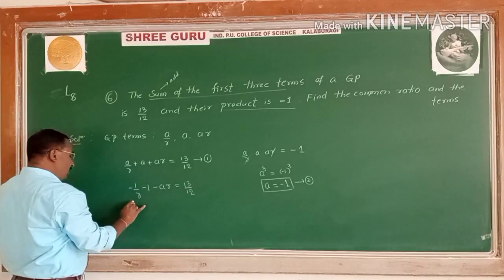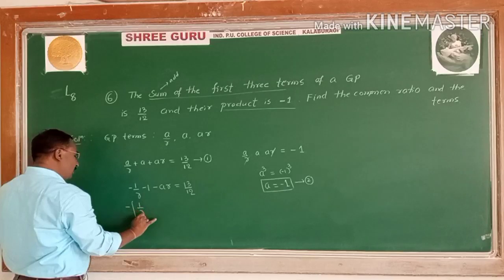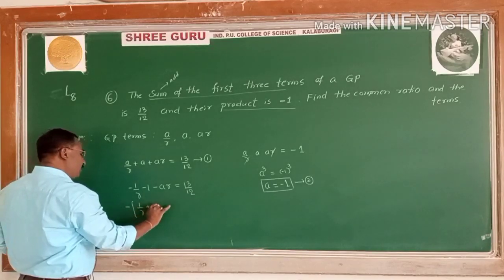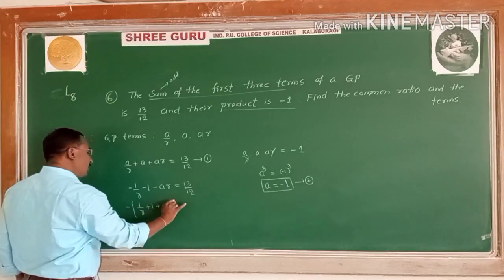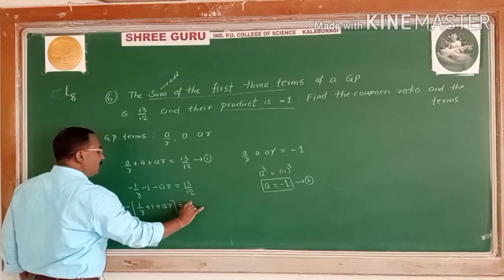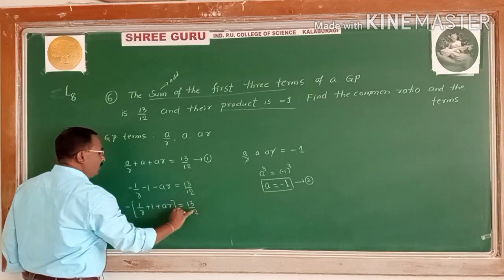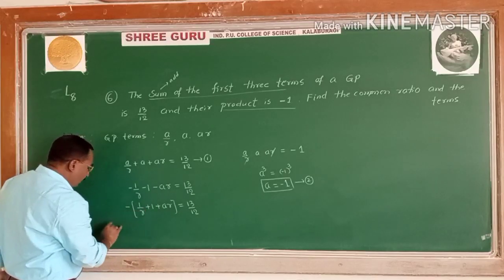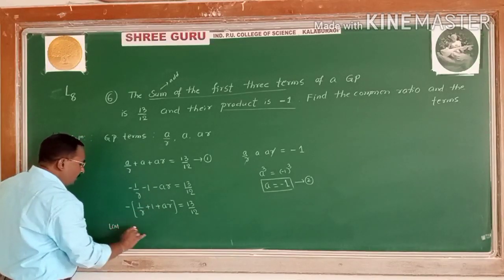If minus taking common, that is 1 by R plus 1 plus AR, A into R is equal to 13 by 12. Minus take right side, apply LCM. LCM is what?